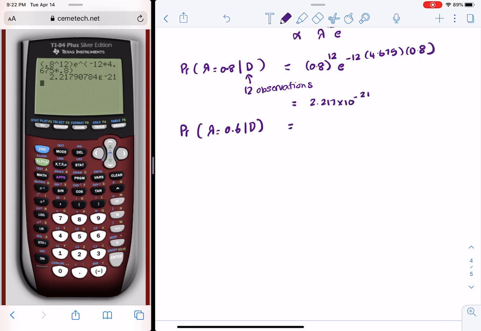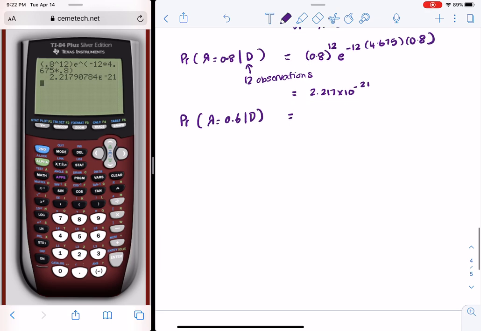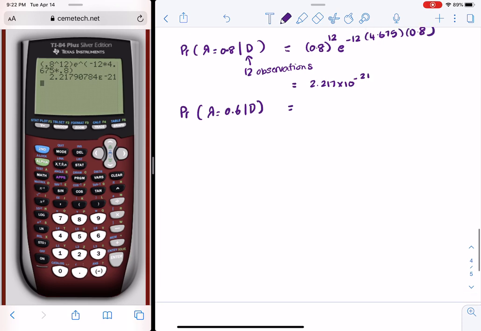In problems like this, it is very, very likely that we would encounter really, really small values, which is why people like to put this in logarithmic scale and call it the log likelihood. But I'm just going to keep it as is here. So 0.6 raised 12 times e raised negative 12 times 4.675 times lambda.